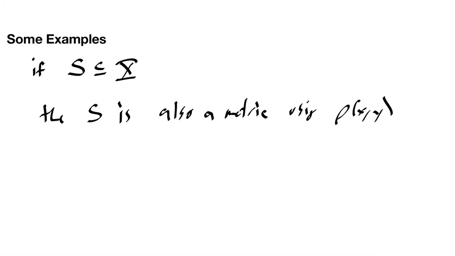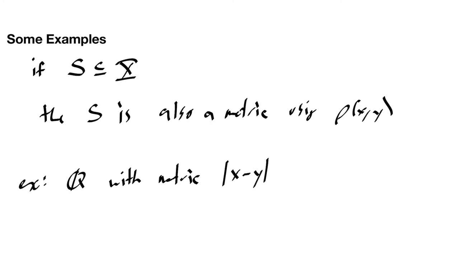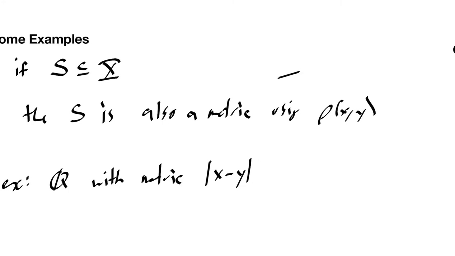One example might be the rational numbers with the absolute value metric that we use for the real numbers. So this is a metric space. Once you have one metric space, any subset of it is also a metric space. Okay. I feel like that was a little dramatic, but let's keep going.